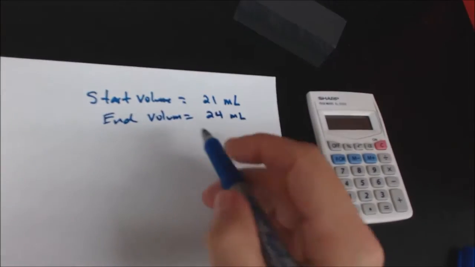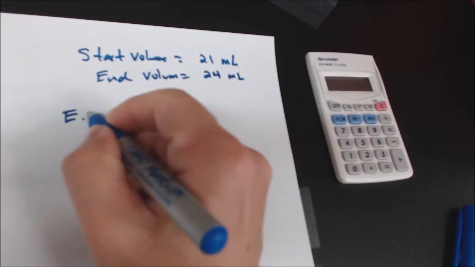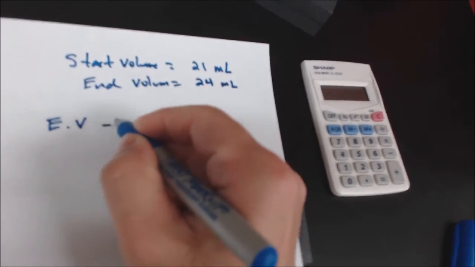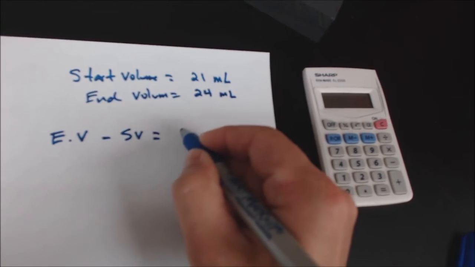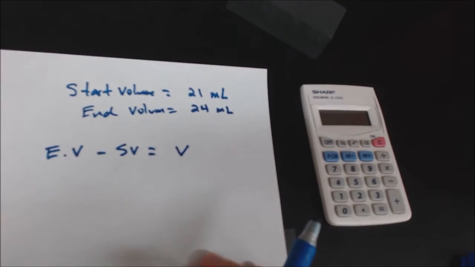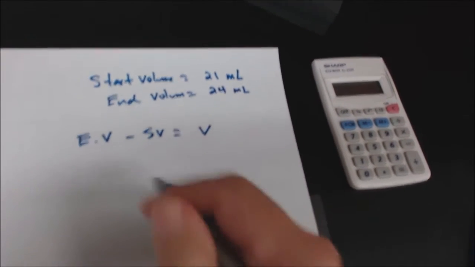How do I know that it displaced 3 milliliters of water? Well, if I take my end volume, what we're going to call EV, minus my start volume, which I'm going to call SV, that equals the volume of whatever object I put in the water. In this case, the object I put in there was a rock.